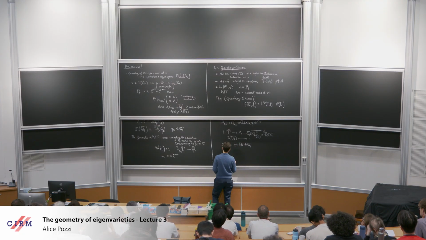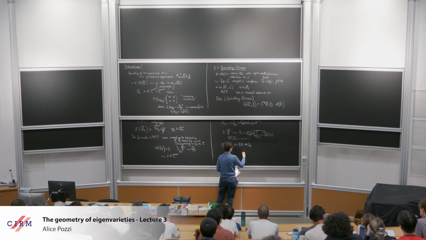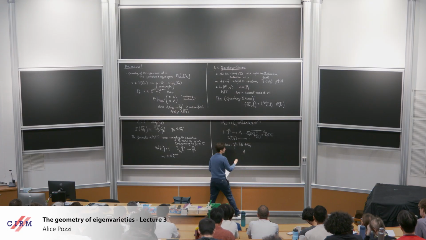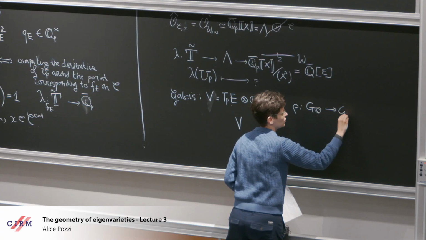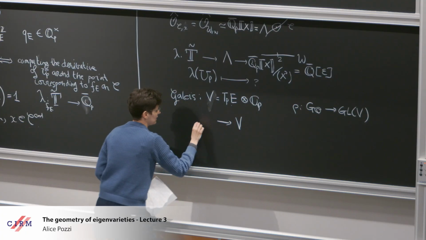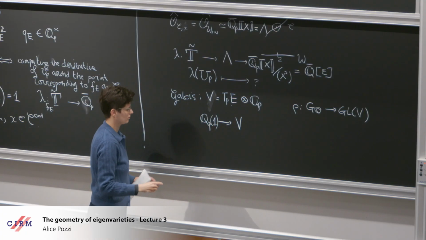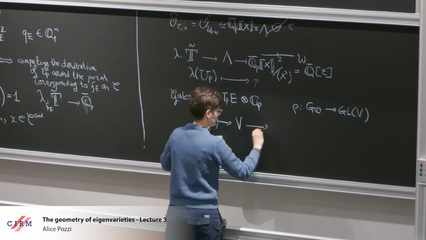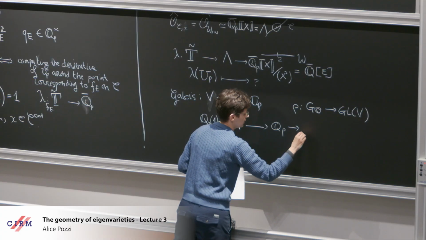And it turns out that in this setting, we have that this guy, maybe I call it B, and I call rho restricted to GQP, sits between QP twisted by 1 and QP.